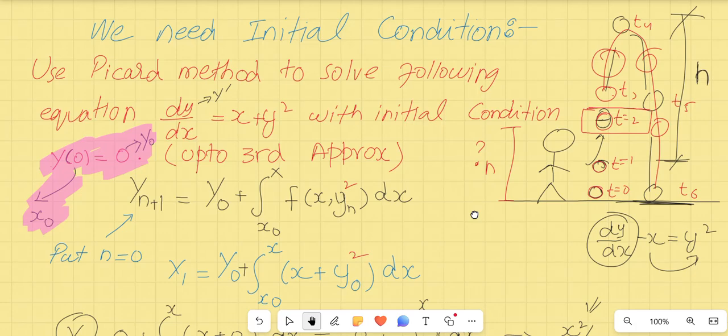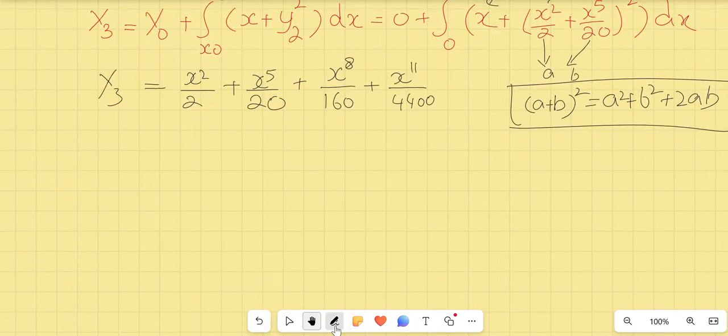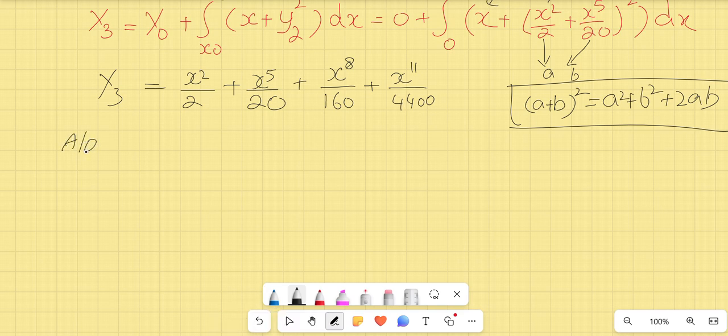All right. So in case they ask you to also find y(0.1), if they want y(0.1), just put the value x equal to 0.1 in here.